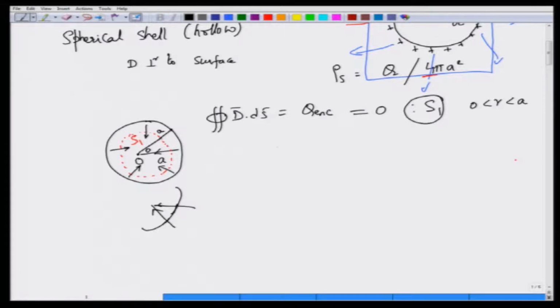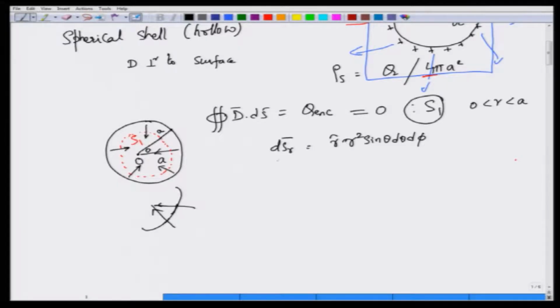That incremental area will be directed along the radial direction, and that is given by r hat. Let us call the radius of this one as r itself. So, I have r squared sin theta d theta d phi. Okay. Please do not get confused between this r and this r. This r actually stands for the radius of the sphere S1.